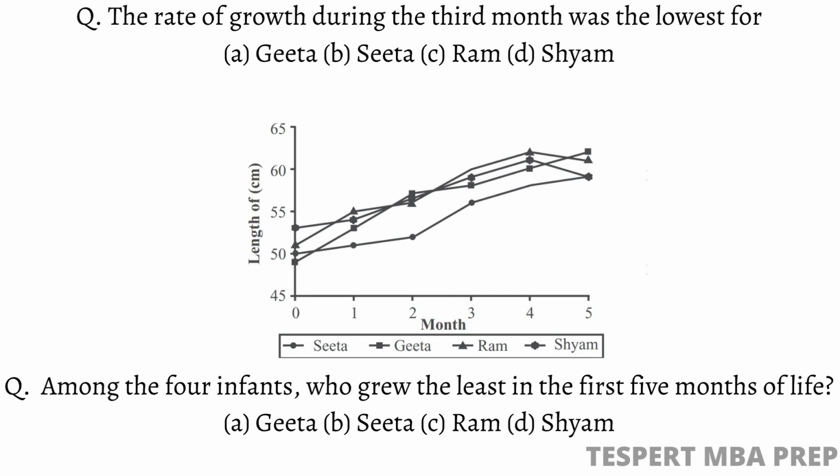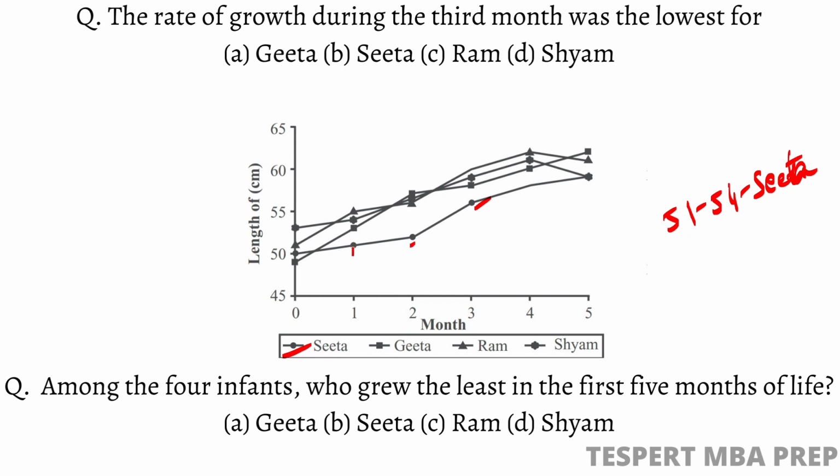The rate of growth during the 3rd month was the lowest for. So we are asked to find out the growth rate during the 3rd month. Okay. So during the 3rd month, if we observe the height of Sita, it has increased from 51 to almost 54, right? This is for Sita.